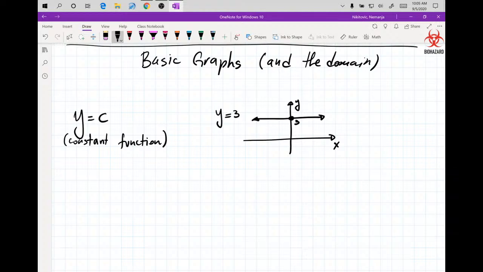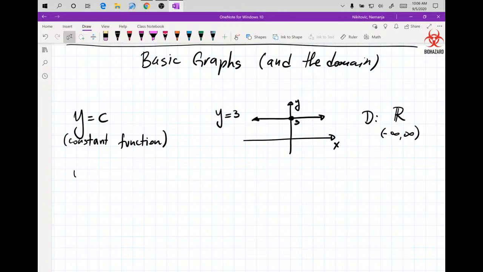And the domain will be all real numbers, from negative infinity to infinity. So domain is the set of all input values. And you can see that x can be anything, right? x is not even in the formula. That's how loose x is in this case.